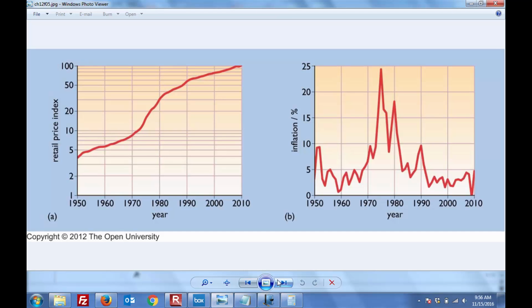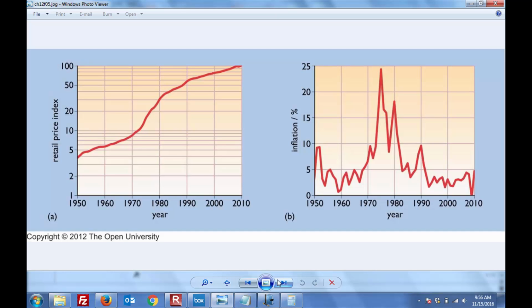So what we're looking at right here is a change in the retail price index. I'm just going to read this from the book so we're all on the same page. The retail price index, RPI, is an economic indicator that specifically addresses the prices of a representative mixture of typical household goods.